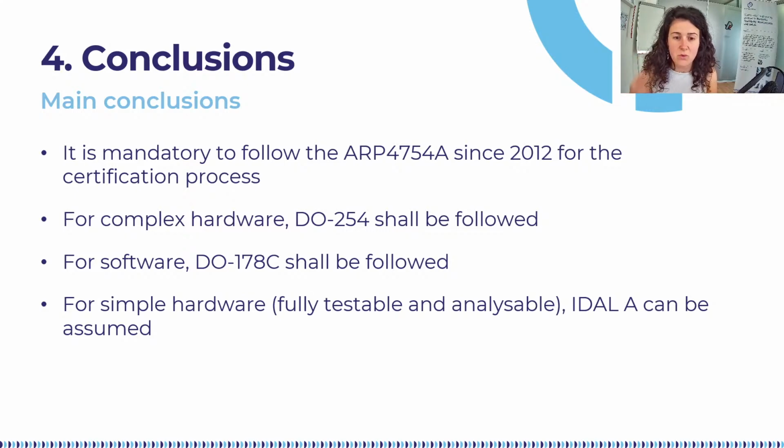The requirements, we will set in the ARP, but we will follow this DO to test the complex hardware and verify the requirements. Then we go to the software, and it's the same. We have DO-178C for the software.